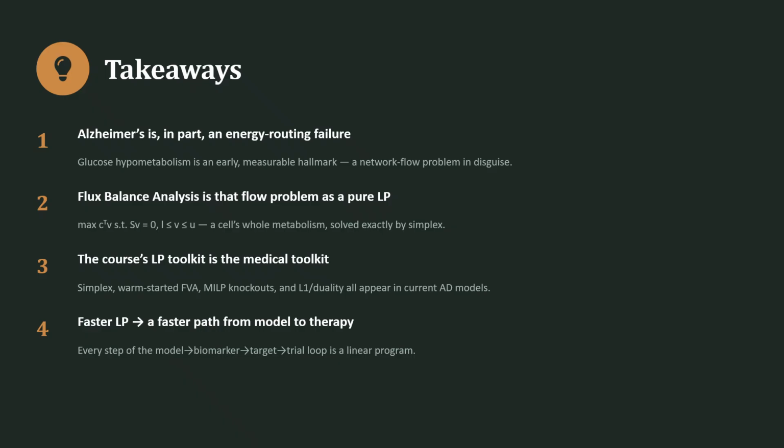For example, we have simplex warm-started FVA, MILP knockouts, and duality, and how everything can come together for model development, for example, an optimization model for Alzheimer's and brain energy metabolism.